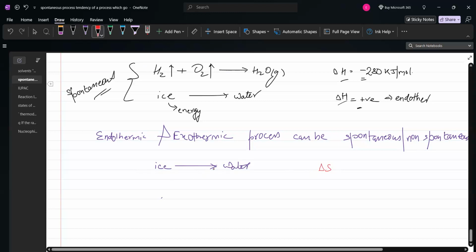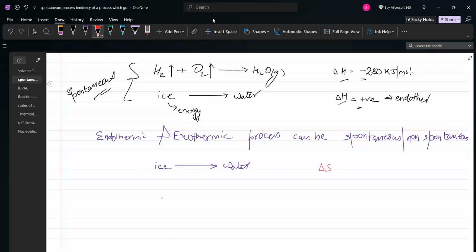Ice converting into water. Ali, has the entropy increased or decreased when ice converts into water? Positive.